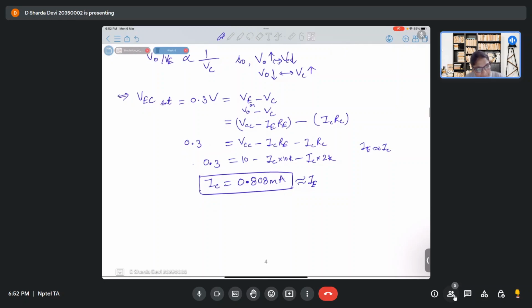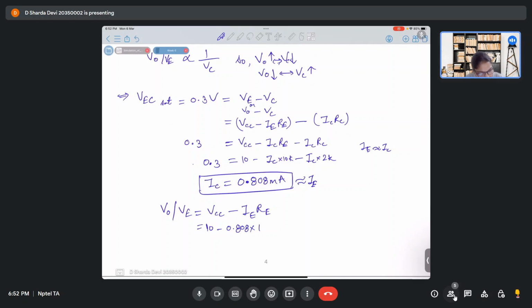So the minimum VE or V0 that we can get is VCC minus ICRE or IERE, which is 10 minus 0.08 into 10k.